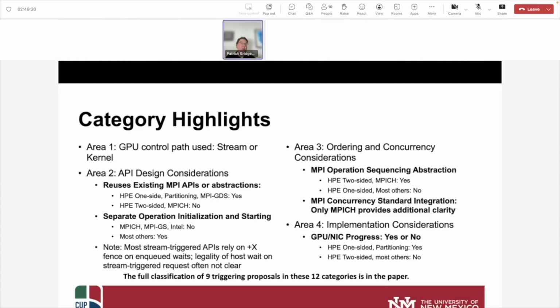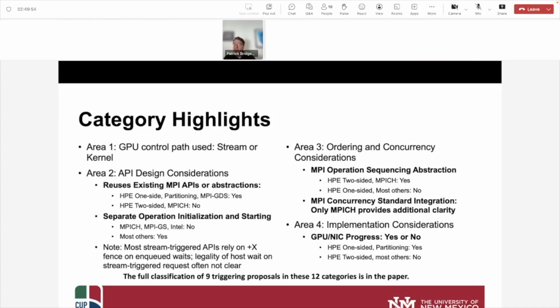They may not have been started yet. They've been initialized, maybe. They may not have been started. And now I call another send or receive on that communicator. What exactly are the semantics of that? How do MPI operations which are enqueued on a stream then initialize the MPI sends, and so their matching order is set or not? That's not always clear.